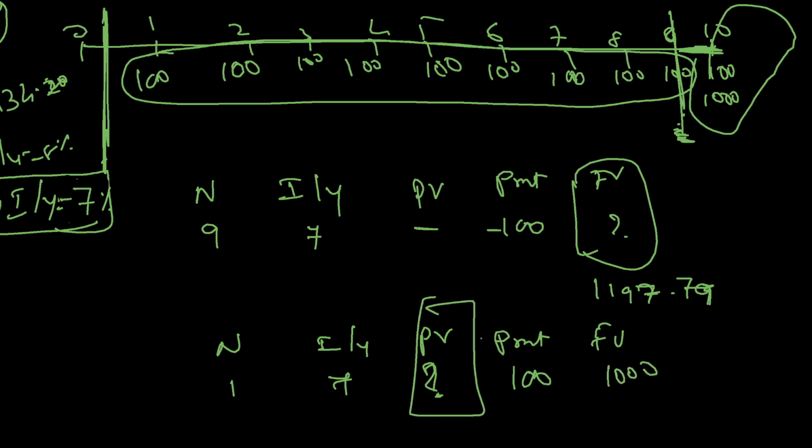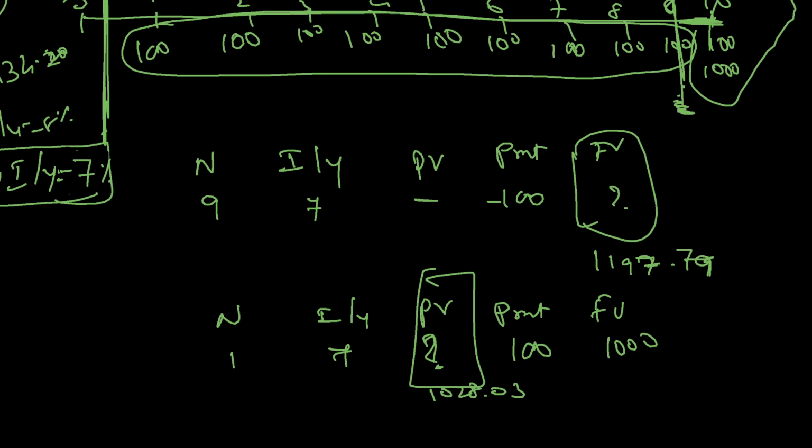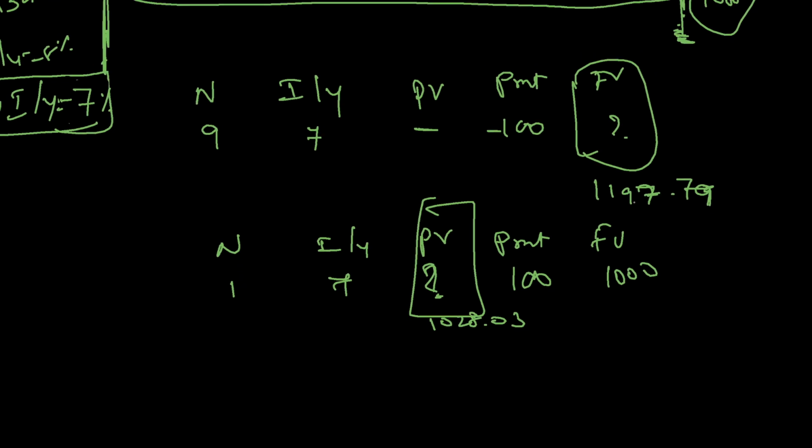So what is the present value here? 1 N, 7 IY, payment is 100, 1000 is the future value, compute present value. It comes to 1028.03.